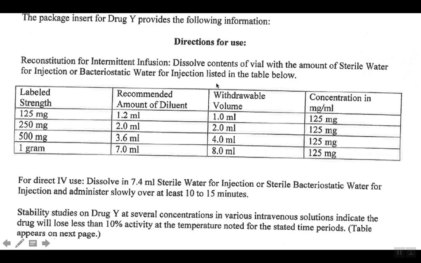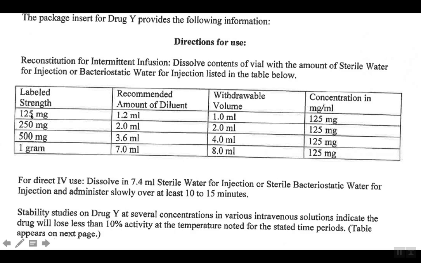So here they provide more information saying that you should only use sterile water for injection or bacteriostatic water for injection in order to reconstitute this medication. And in this table here, they have the labeled strength. Once again, the pharmacy only has the 500 milligram vials, right? So what does that mean?